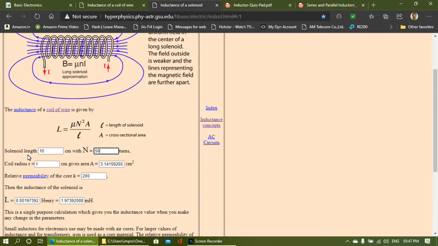Suppose the length is 10 centimeter, the number of turns is 50, and the coil radius is 1 centimeter, then it will give you this amount of area. So inductance in millihenry or henry will look like this. Okay, 1.79 millihenry.